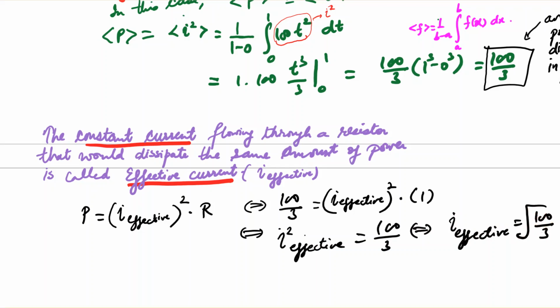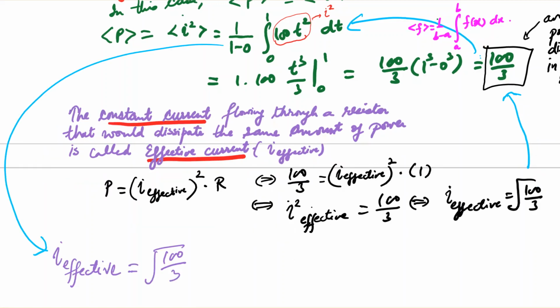So now if we compare with our previous solution, we got 100 over 3 here as our mean power, and we got this 100 over 3 from here. So I'm just going to combine all this together and see what we get.